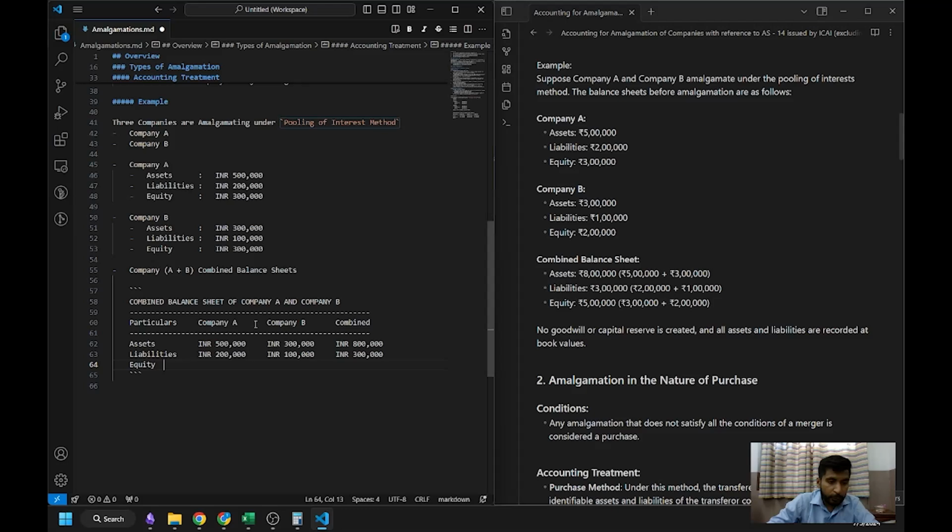Now, for equity. Company A has equity of rupees 3 lakhs.